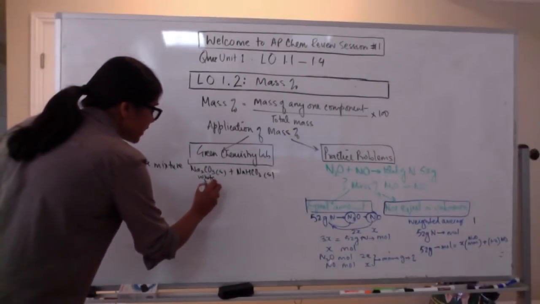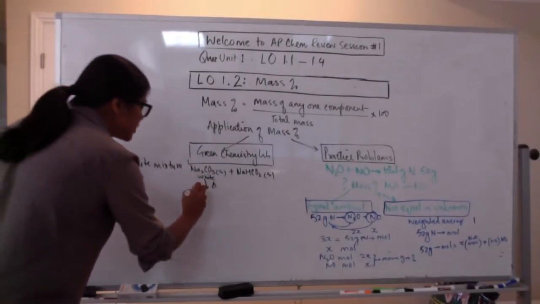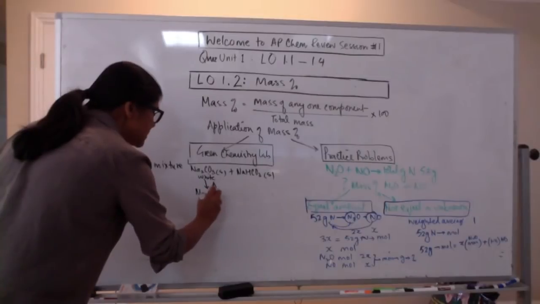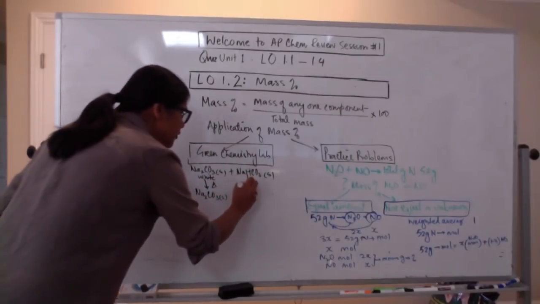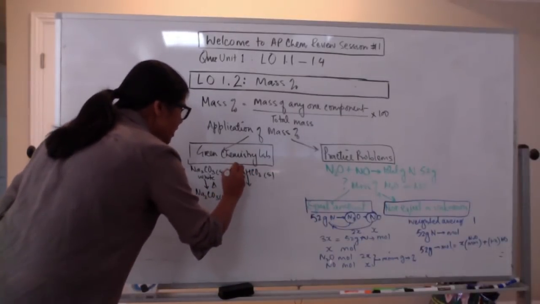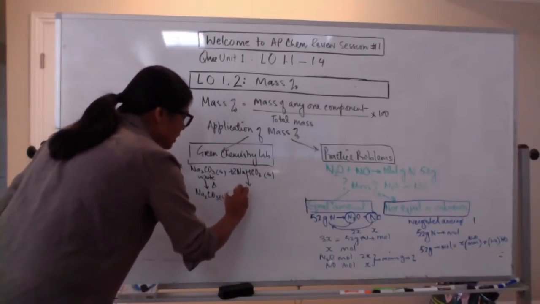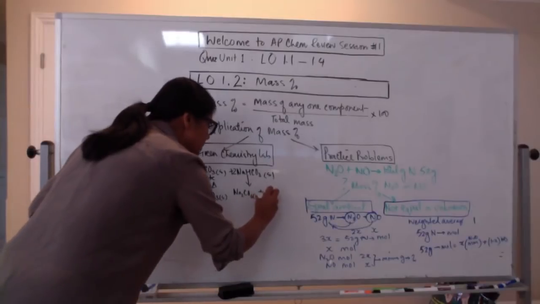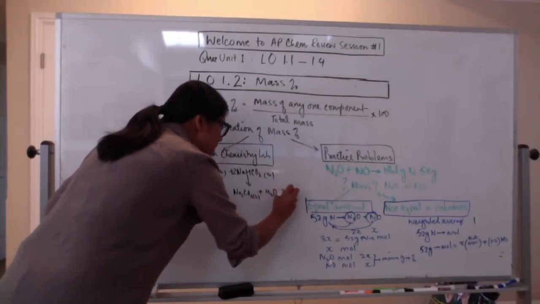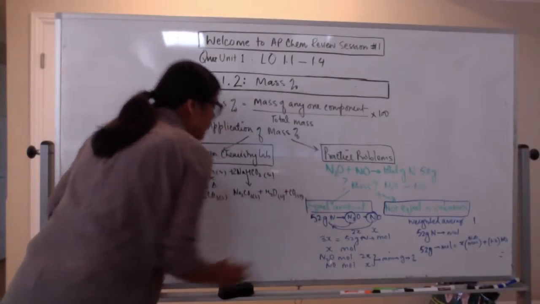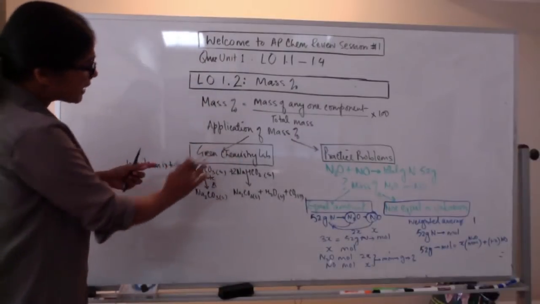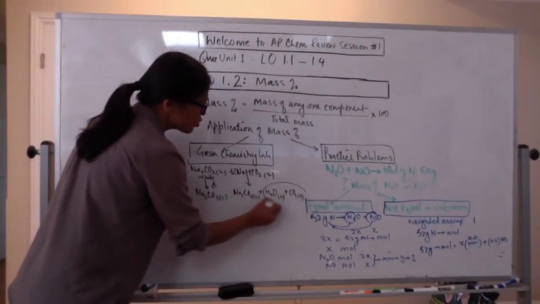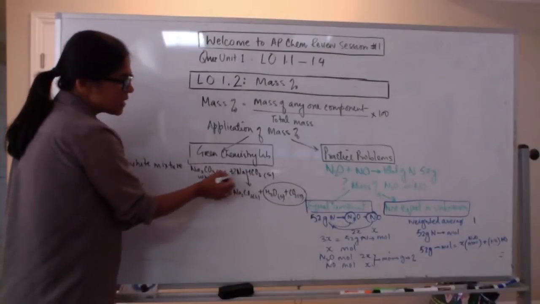What we knew is, if you heat up Na2CO3, it remains the same, no change. But if you heat up NaHCO3, then 2 NaHCO3 break up to form Na2CO3 solid, plus it makes H2O gas and CO2 gas. And you know that the only thing in the mixture that makes H2O and CO2 is NaHCO3.